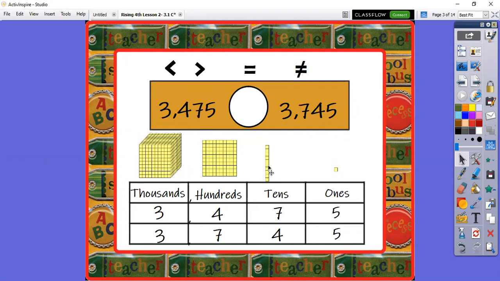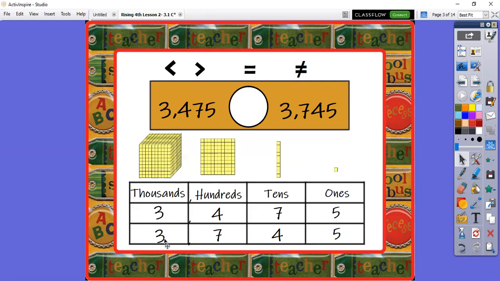It's made up of 100 of these tens units, and it's made up of 10 of these hundreds flats. All right, so when I begin, I'm going to look at my thousands place. So I have got 3,000 in my first number and 3,000 in my second number. So based on that, I cannot decide which one is greater. So where will I go now?